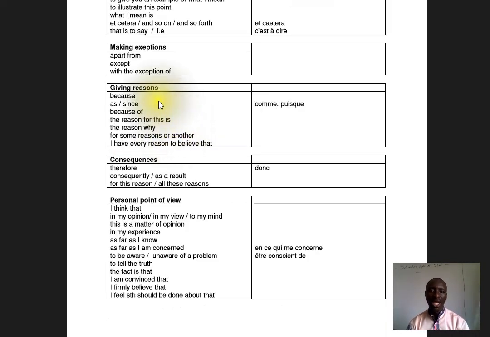Alright, let's go ahead with how to give reasons. We can say because, as, or since, comme, puisque, because of, the reason for this is, the reason why, for some reason or another, I have every reason to believe that.